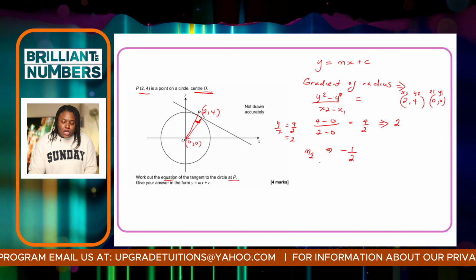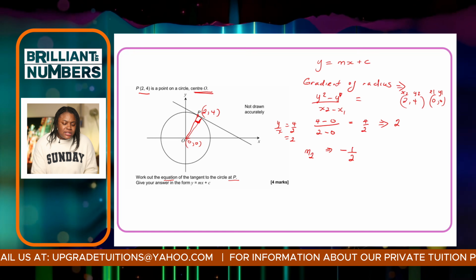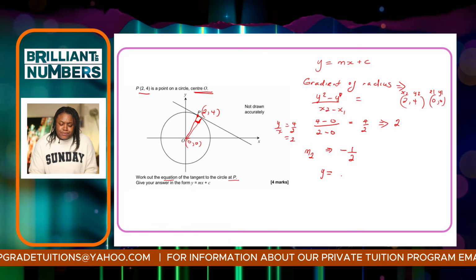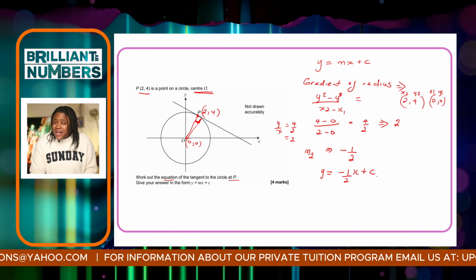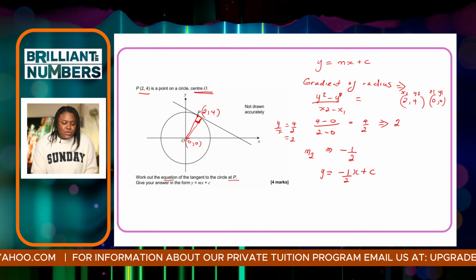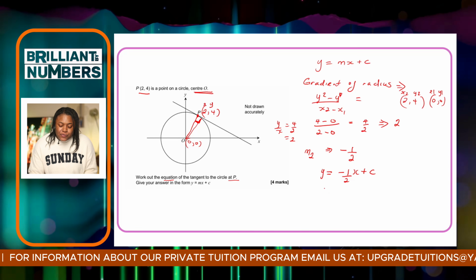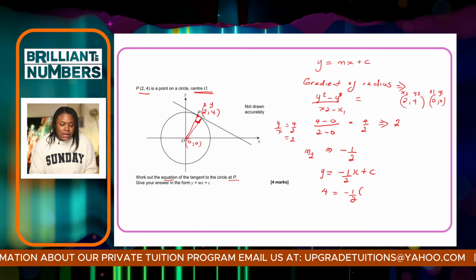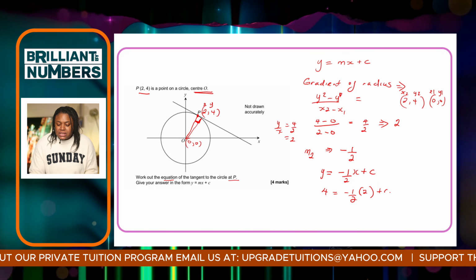Perpendicular gradients. So I can now find the y-intercept since I know a point, which is P, on the tangent as well. So let's set up y equal negative a half x plus c. I can find my c by substituting x and y. So this is x and this is y. So 4 is equal to negative a half multiplied by the x, which is 2, plus c.